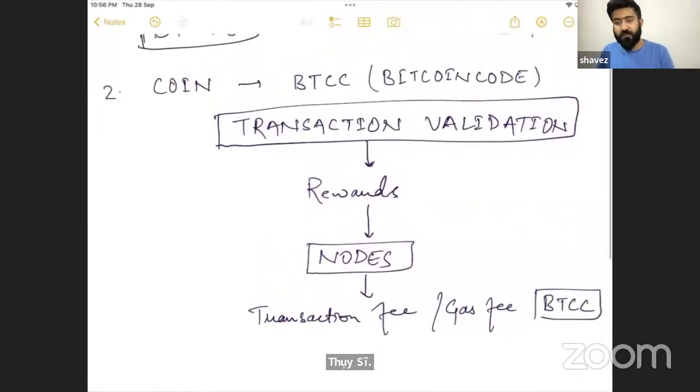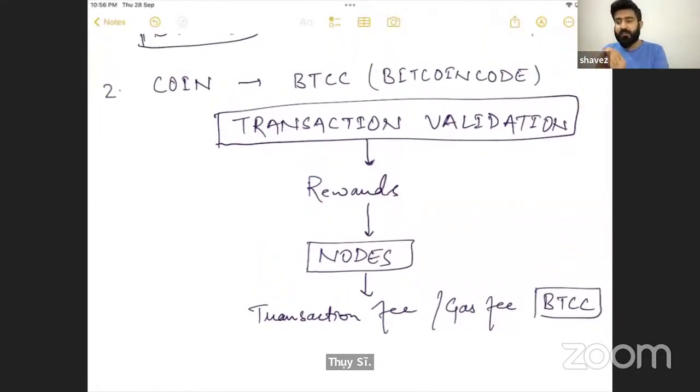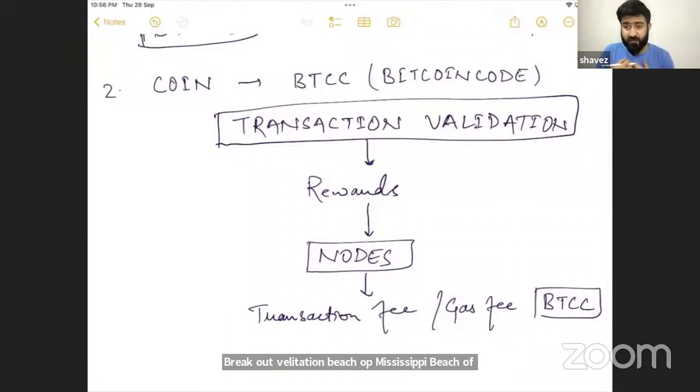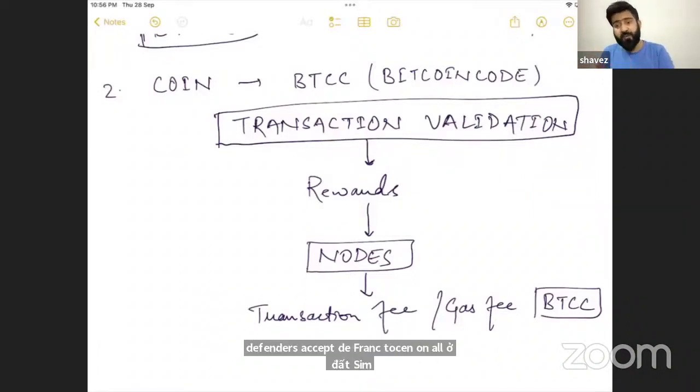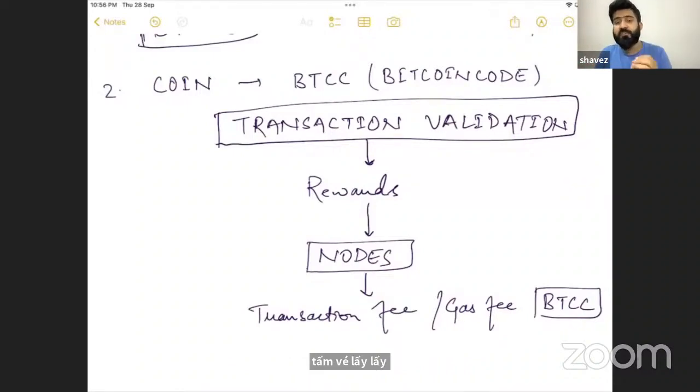All right. So this validation, be it of BTCC, be it of different other assets, different tokens on our chain, at the same time, the validation is happening of every transaction. So the node which is facilitating the transaction validation gets a reward.